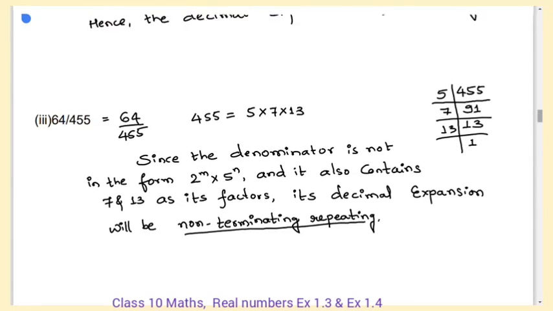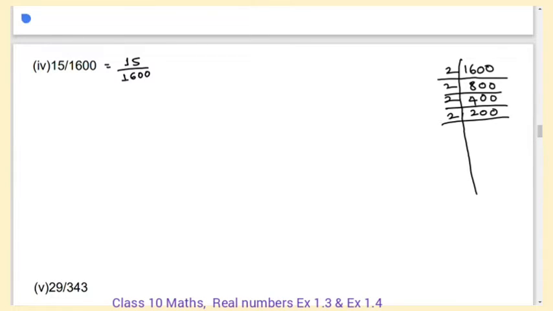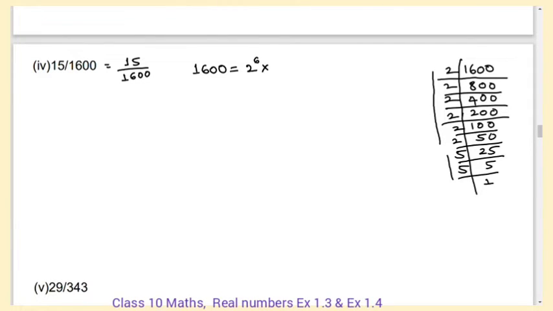Non-terminating and repeating. Fourth one, 15 divided by 1600. Here for the 1600, find the factors. So these are the prime factors of 1600: 5 times 5, 6 times 2, 2 times 5.